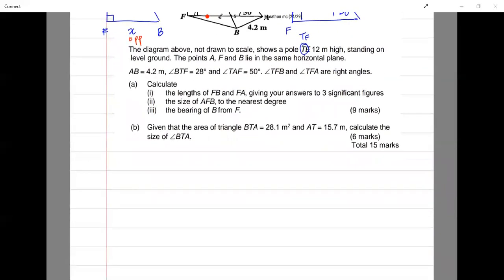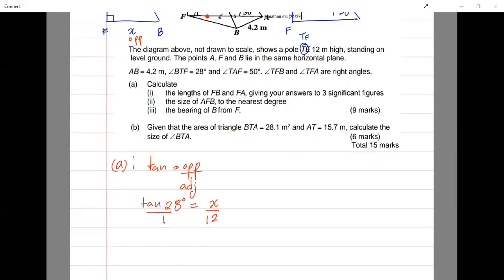So I'm going to say tan is equal to opposite over adjacent. Then I'm going to say the tangent of 28 degrees is equal to opposite x over adjacent 12.